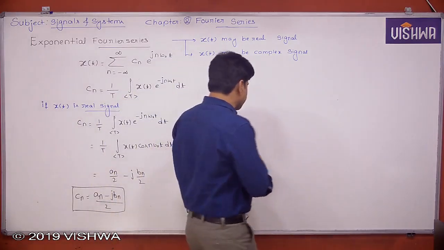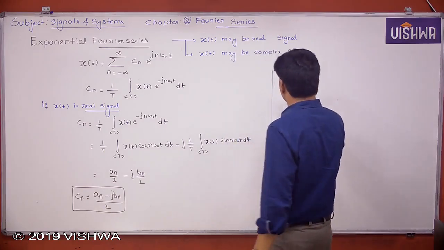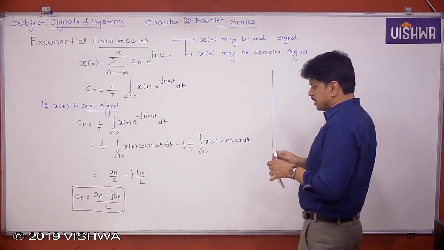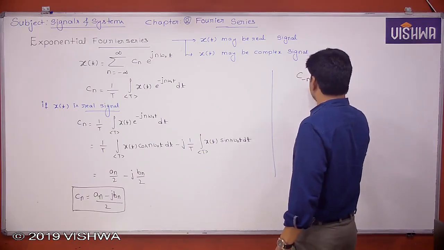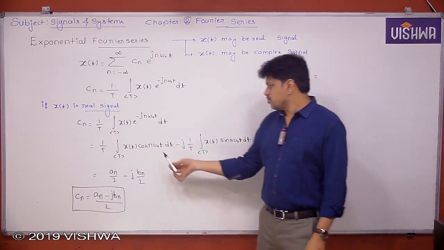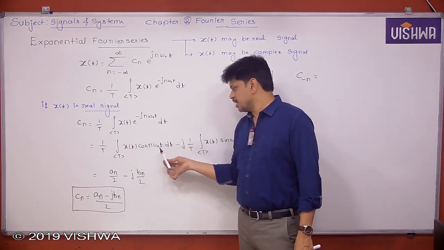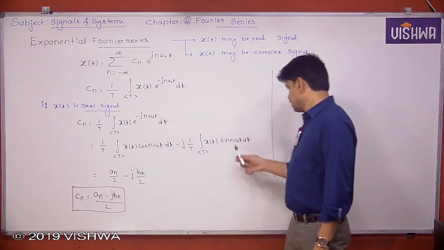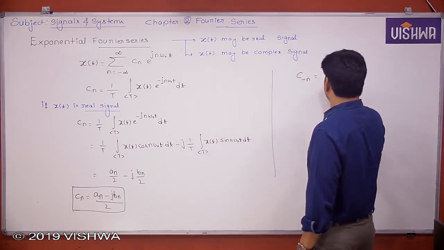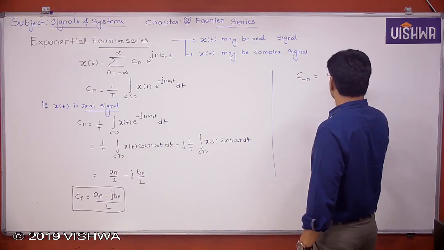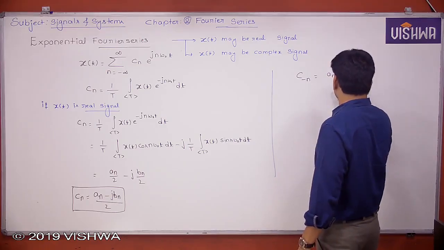So from this I can say, what is C minus n, that means the negative indexed one? C minus n is equal to a n by 2, since replacing n with minus n makes no difference to the cosine part, plus j b n by 2, since the sign changes.